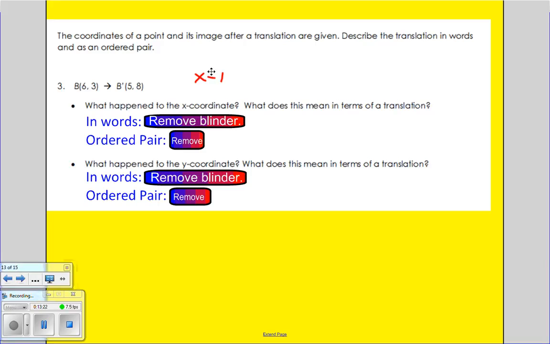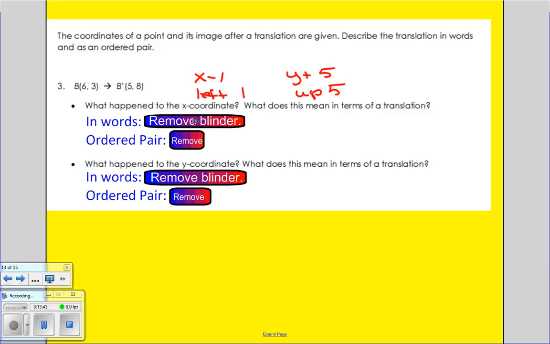And remember, subtracting is moving left to right, and in this case, it is left. So this went left 1. And then for the y-coordinate, we went from 3 to 8, so it was y plus 5. And plus 5 means up, so we went up 5.